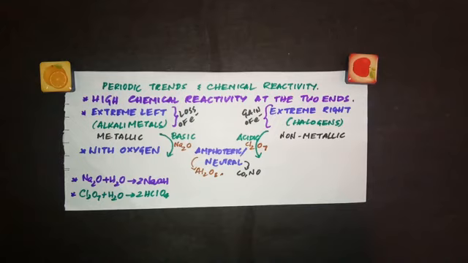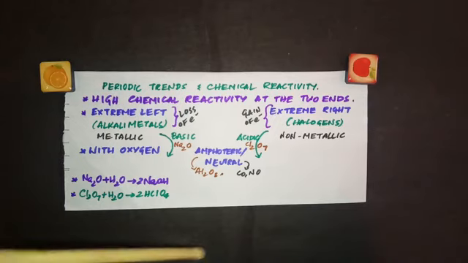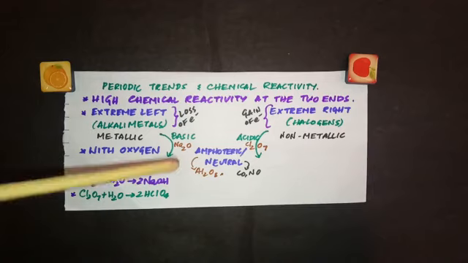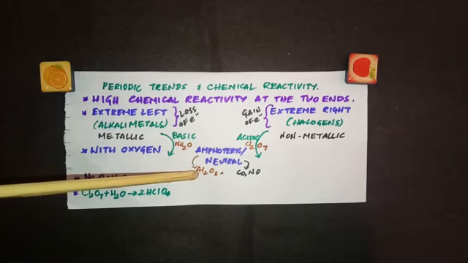Now coming to the elements in the center, oxides of elements in the center are amphoteric or neutral. Amphoteric means they behave as both acidic and basic, whereas neutral oxides have no acidic or basic properties. We can take the example of aluminium.